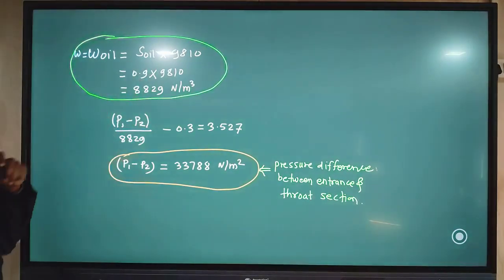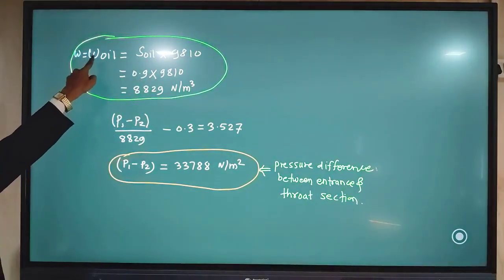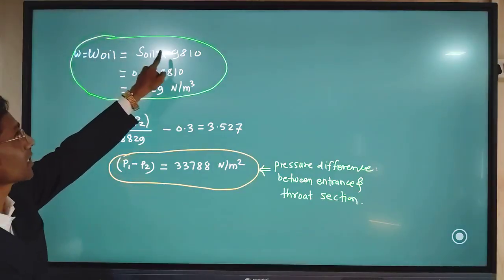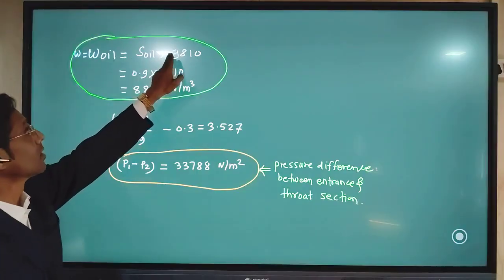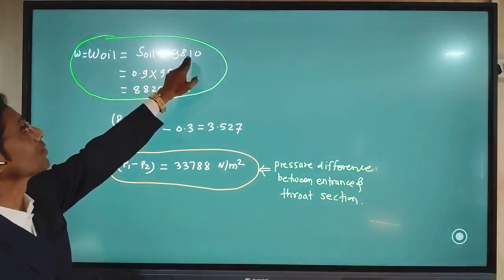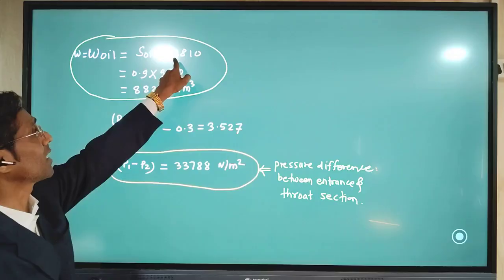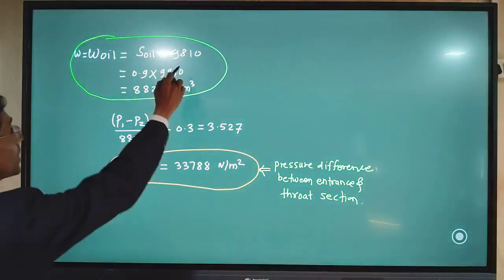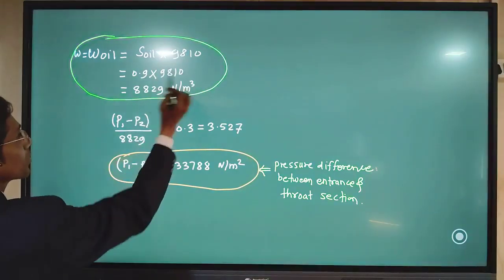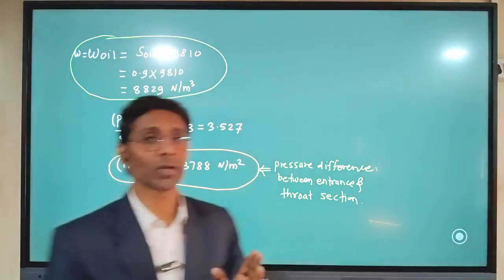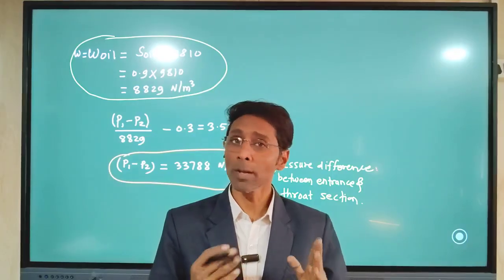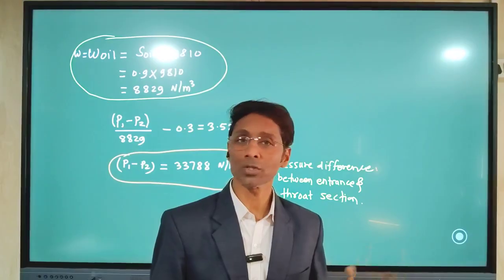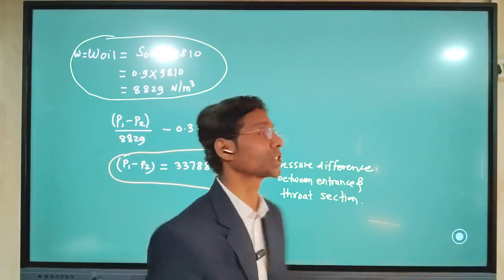There is a relation: the specific weight of any fluid is equal to the specific gravity of that fluid multiplied by 9810, the specific weight of the standard fluid, that is water. Here we take this in Newton per meter cube, because all the dimensions we have taken are in meter and Newton, because finally we are getting the pressure in Pascal, that is Newton per meter square.